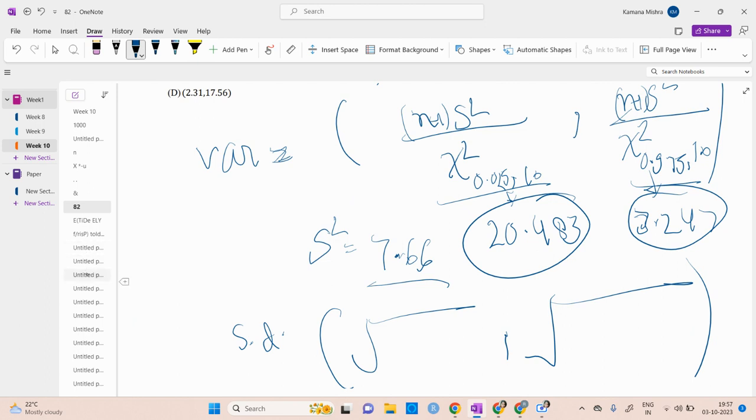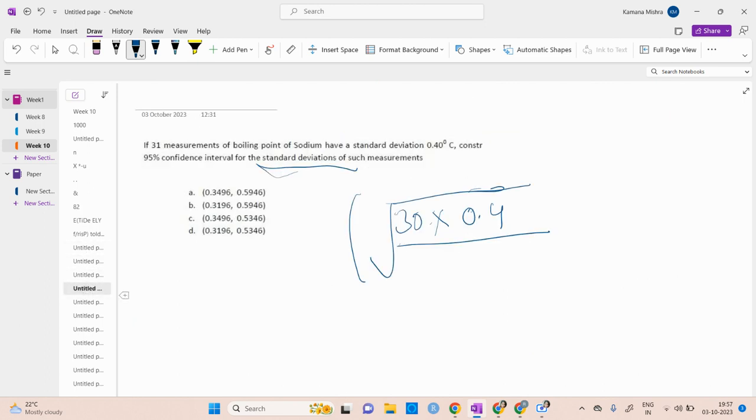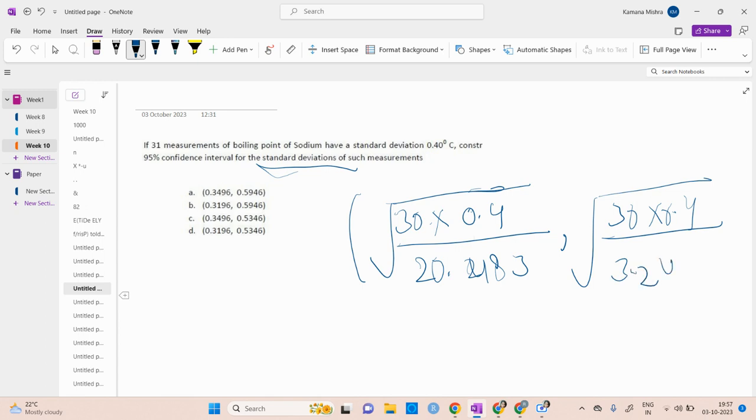So it will be root of 30 times 0.4 divided by 3.247. So this will be the confidence interval for standard deviation, right? Here you are given a standard deviation, so we are finding the confidence interval for a standard deviation.